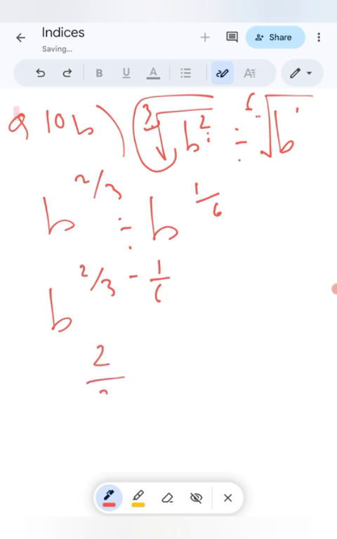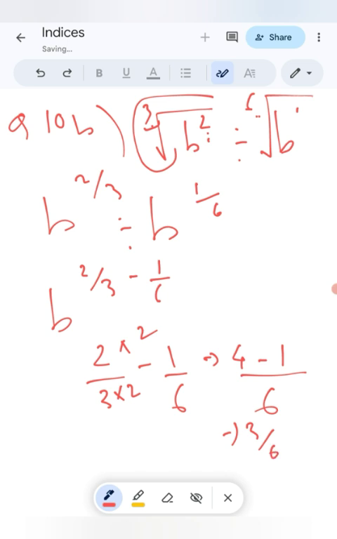So 2 upon 3 minus 1 upon 6. 3 into 2 is 6, so 2 into 2 is going to come here. Here it was already a 6. So 2 twos are 4 minus 1 upon 6. So that becomes 3 upon 6, which can be simplified further. 3 ones are, 3 twos are. So the power becomes a half. So my final answer for this question is going to be b raised to the power half.